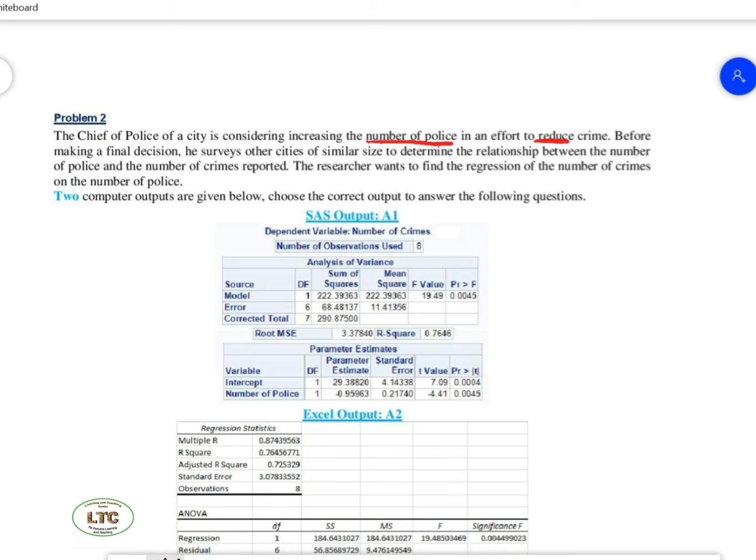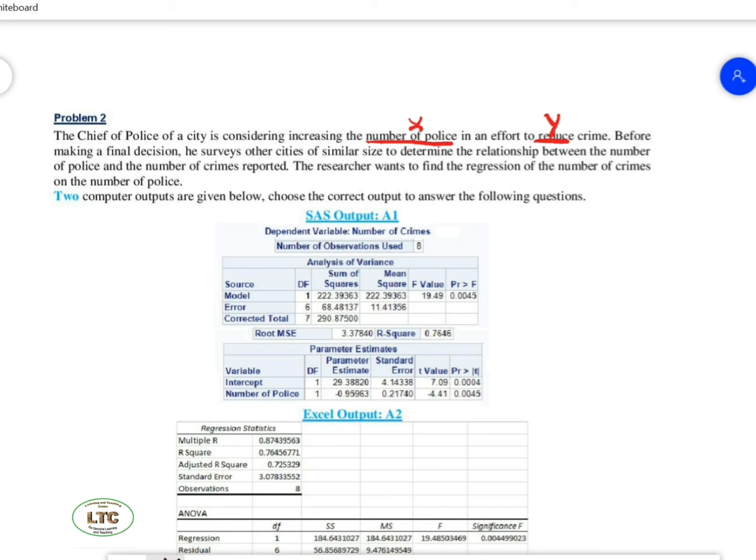In this sentence, the number of police is X and number of crimes is Y, confirmed later also. Before making a final decision, he surveys other cities of similar size to determine the relationship between number of police and the number of crimes reported.